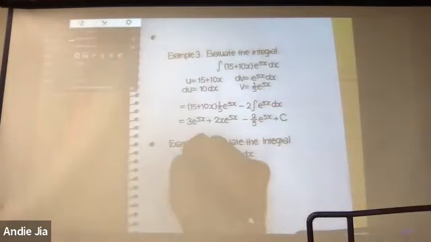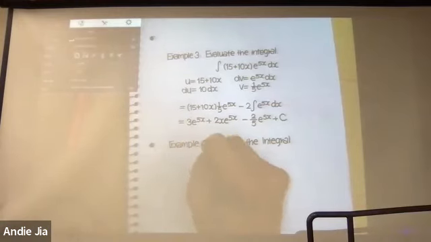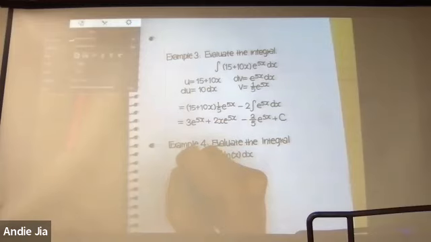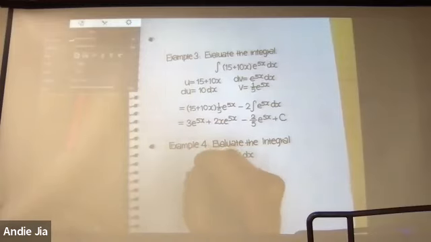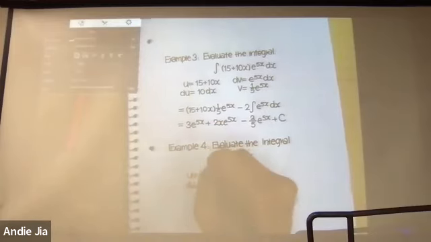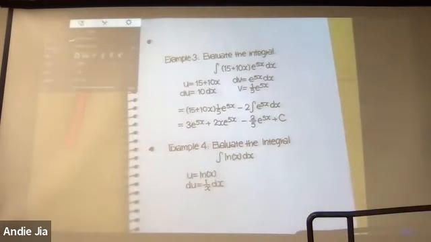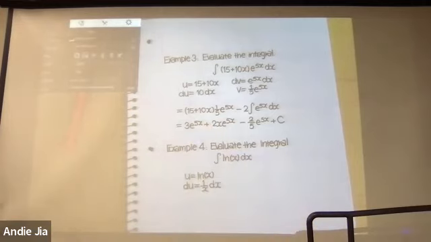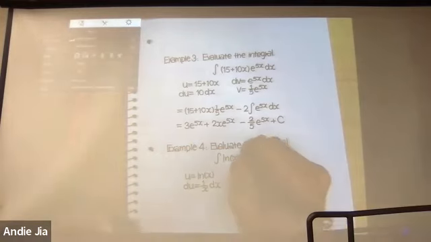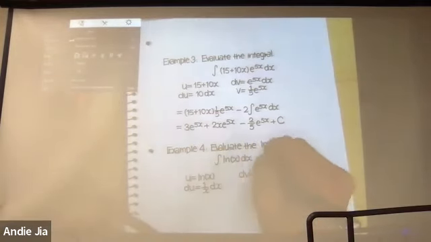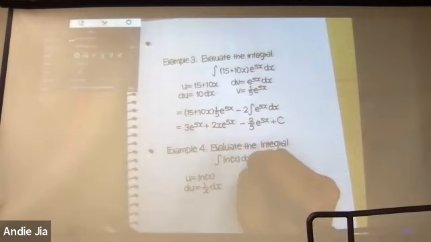So we let u equal natural log of x. du is 1 over x dx. And natural log times a 1. If there's nothing there, it's just a 1. So dv is 1 dx, v equals x.